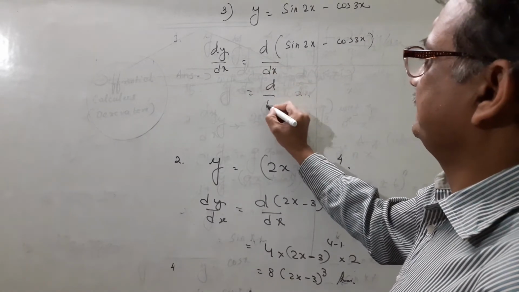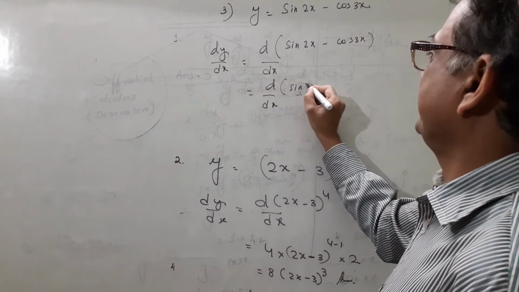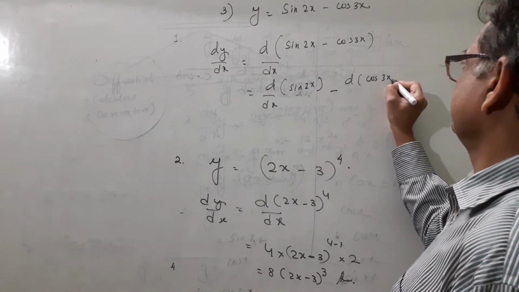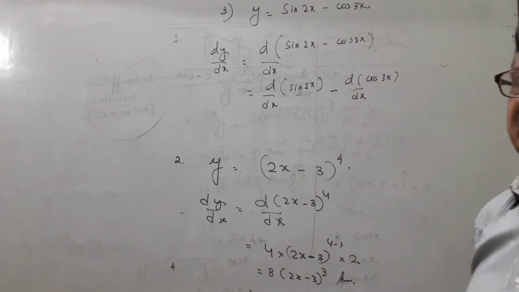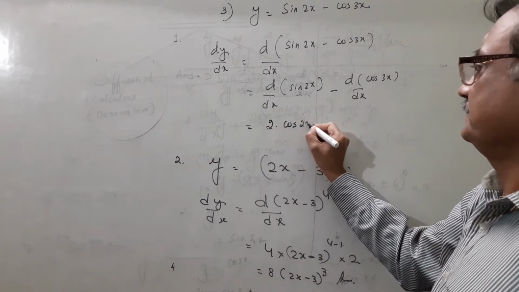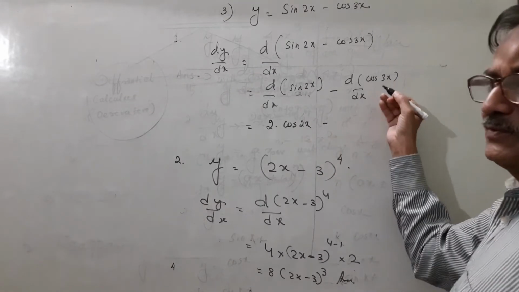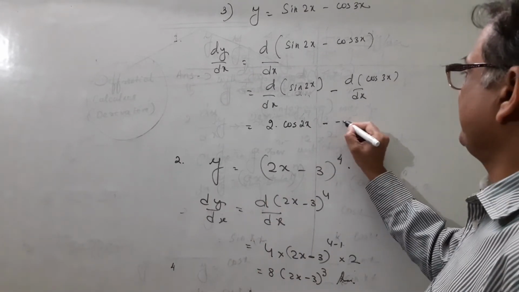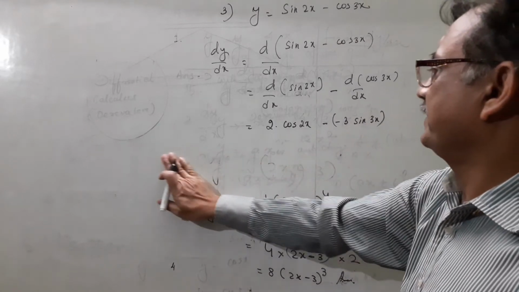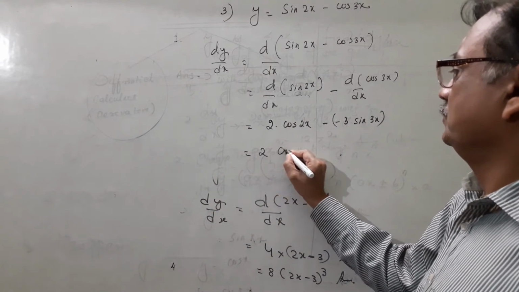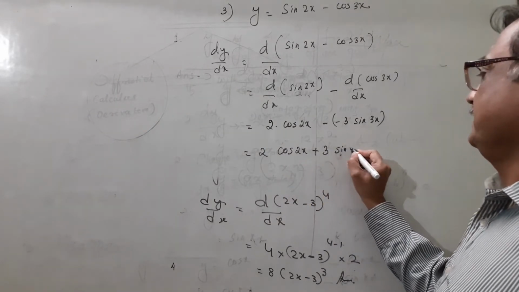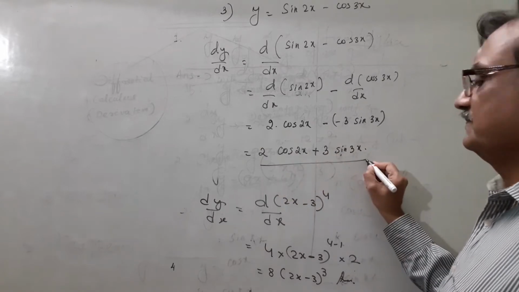Make it separate: sine 2x is 2 into cos 2x. Cos 3x with the minus sign will be minus of 3 into sine 3x. Then what are you getting? 2 cos 2x plus 3 sine 3x. Right?